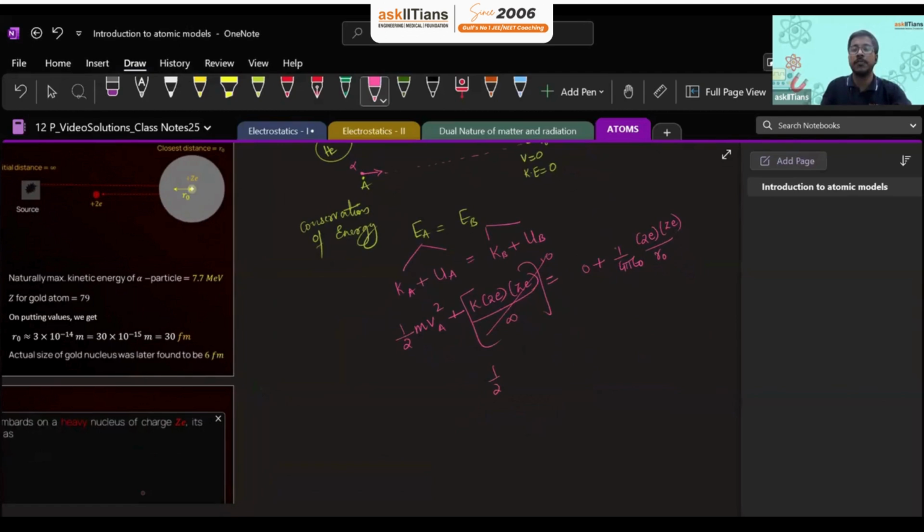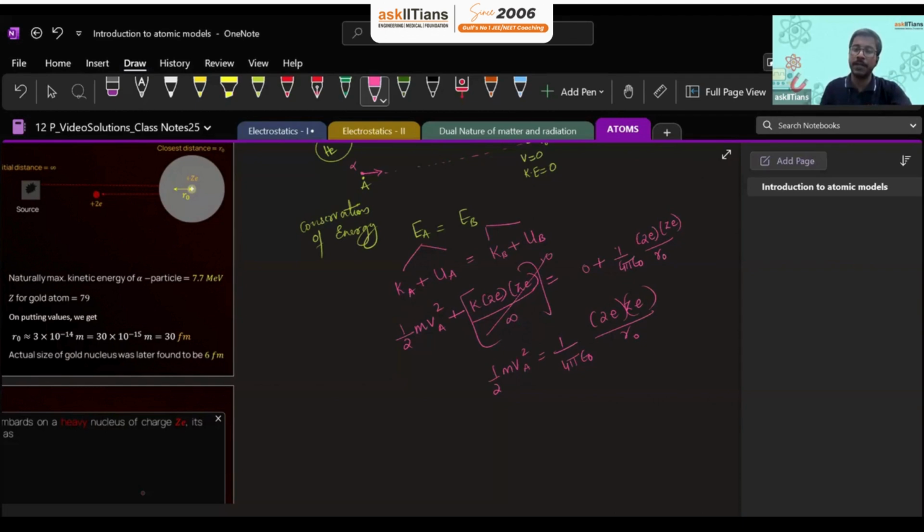So half m VA square is equal to 1 by 4 pi epsilon naught into 2E into ZE divided by R naught.